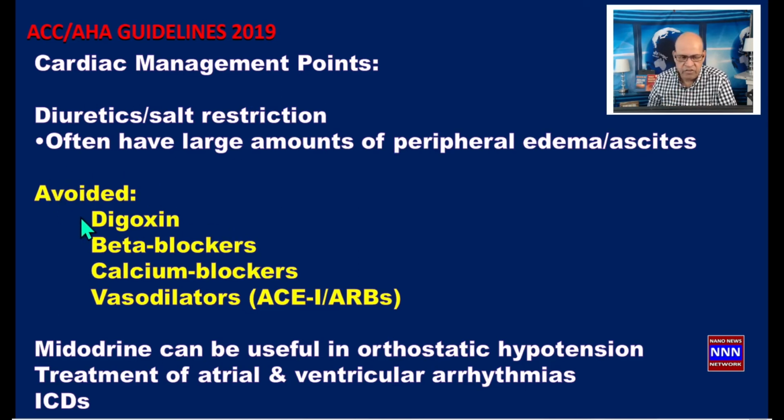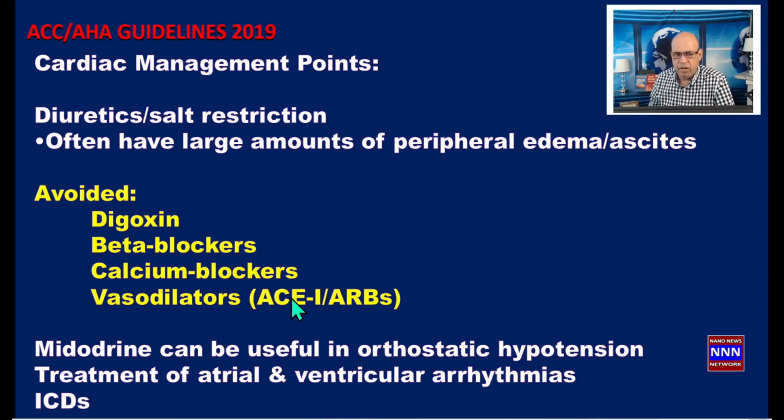Somehow, drugs like digoxin, beta blockers, calcium channel blockers, and vasodilators have adverse effects in patients with amyloid cardiac disease because they don't help to address the basic issue, which is the diastolic dysfunction and maybe fluid overload due to diastolic dysfunction.